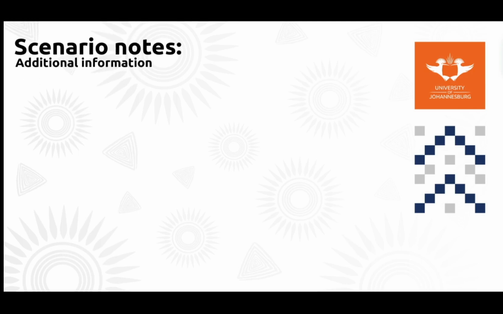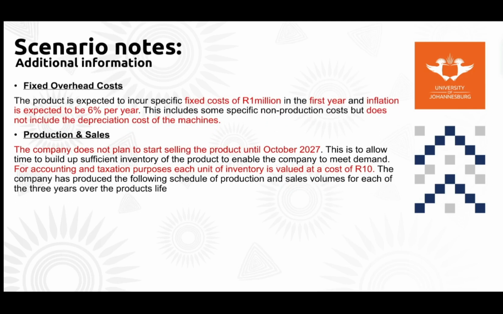So scenario notes, again, we're not done. Every single piece of the information that was granted to you is of use. You just need to figure out how to use it, right? The product is expected to incur a fixed cost of 1 million, right? So then we know that there is a 1 million fixed cost, and it is incurred in the first year, and inflation is expected to be 6% per year.